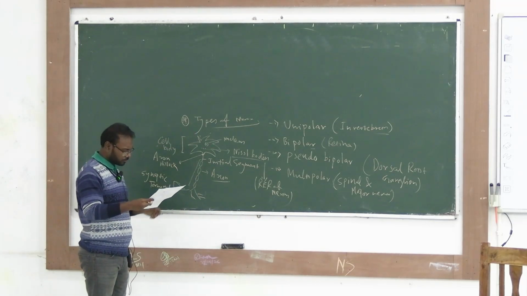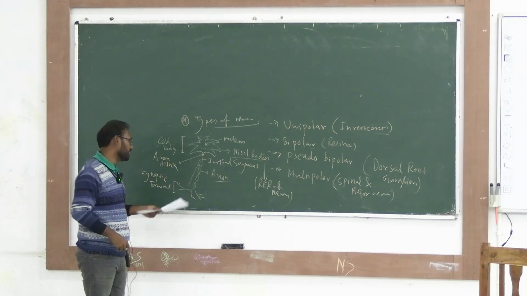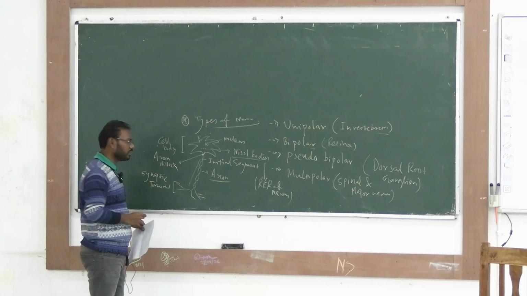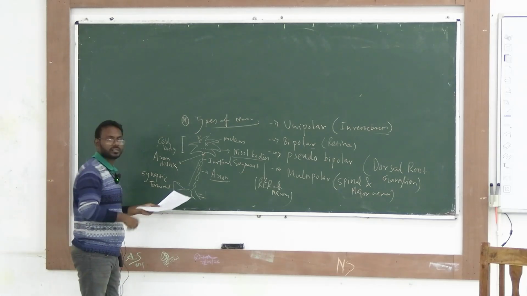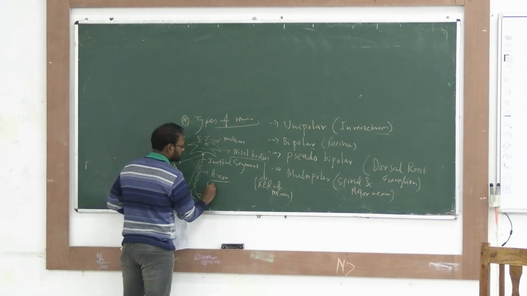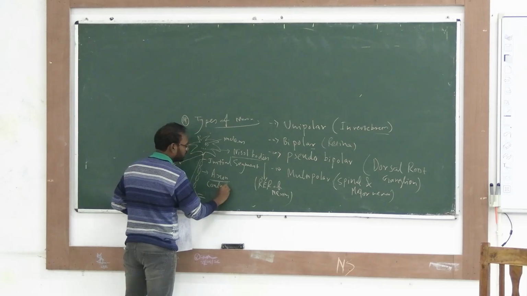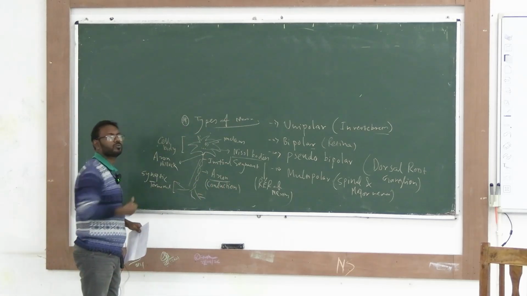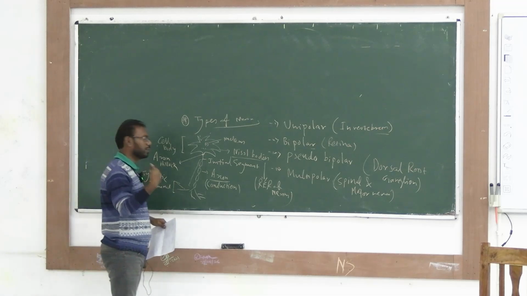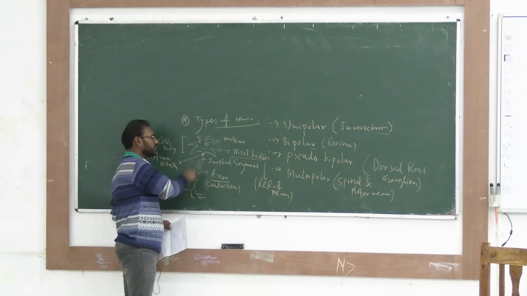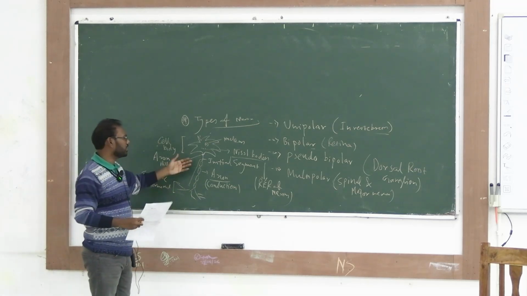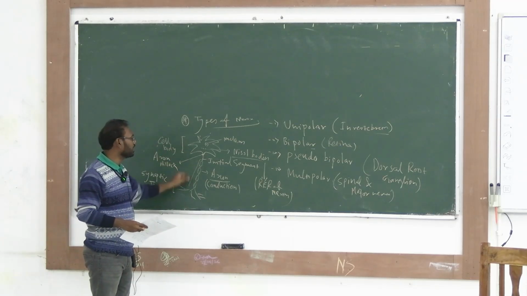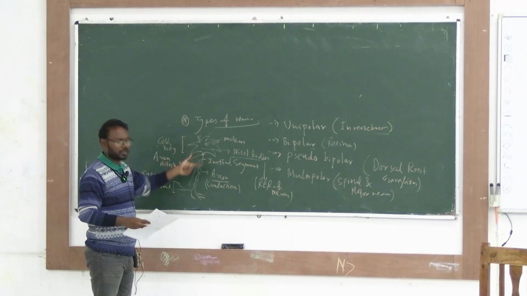ঠিক আছে? Now এদের প্রত্যেকের কাজ কি? This axon, इसका function क्या है? इसका function है conduction. Conduction of what? Information. Now conduction can be fast or can be slow. It's actually represented by the number of axons present, and the gap between axons, if they are present or not.